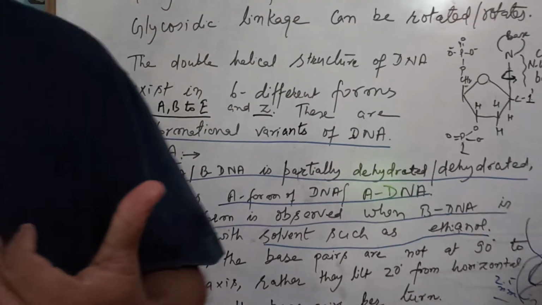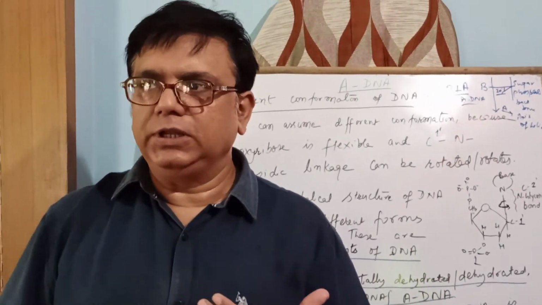So this is about one of the conformations of DNA and how it differs from B-DNA or the Watson-Crick model. Okay, thank you.